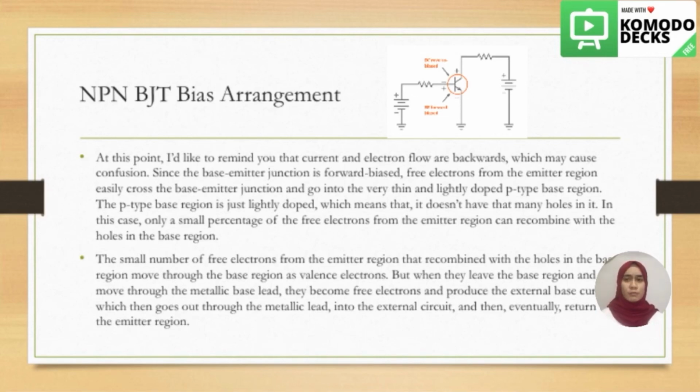But when they leave the base region and move through the metallic base lead, they become free electrons and produce the external base current, which then goes out through the metallic lead into the external circuit and then eventually returns to the emitter region.